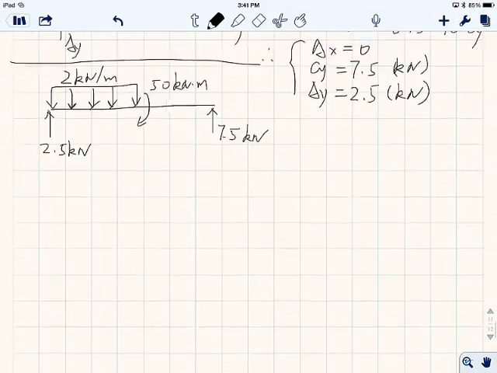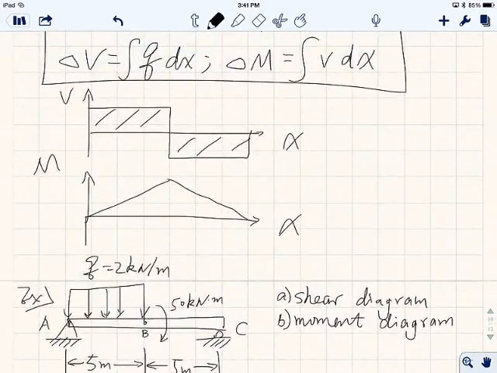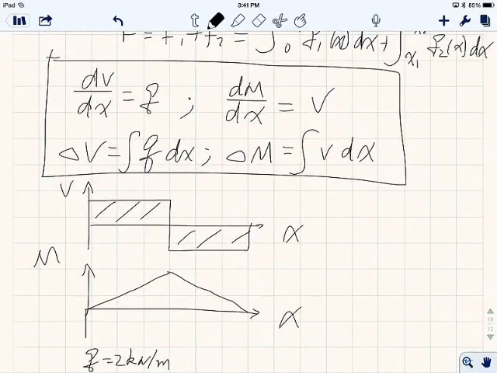Now next, I'm going to show you. Just to remind you, we can use these 4 equations right here to fully solve for the free body, and coupled with the free body diagram to solve for the shear and the moment diagrams.